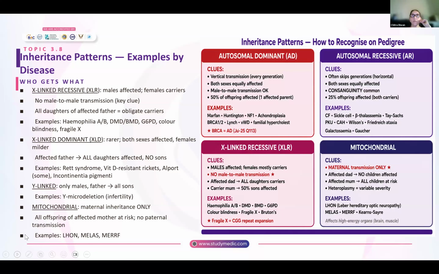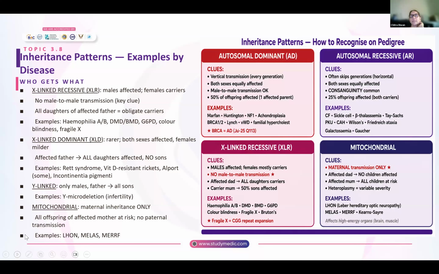X-linked dominant is something which is rarer. Both sexes can be affected. Females are mildly affected because they have another normal X chromosome. Even in X-linked dominant, if you have an affected father, all the daughters are going to be affected and the sons are going to escape because they will get a normal X chromosome from the mother, and the Y chromosome comes from the father.